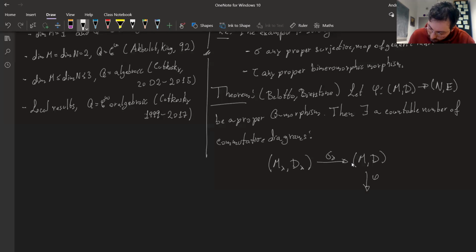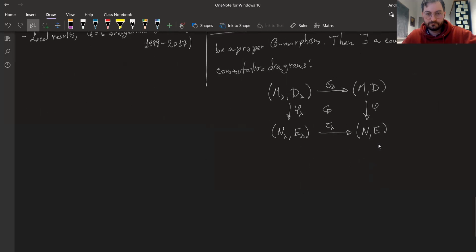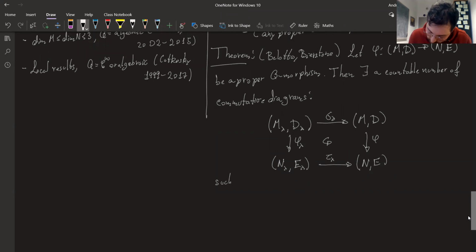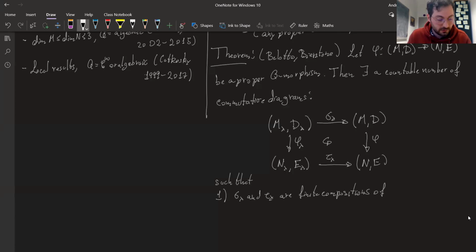We have our morphism phi going to N, sigma lambda, tau lambda here, and phi lambda commutative, such that, first thing, just as before in the local result that we presented, but with a little twist, sigma lambda and tau lambda are finite compositions of local blowings up and power substitutions.